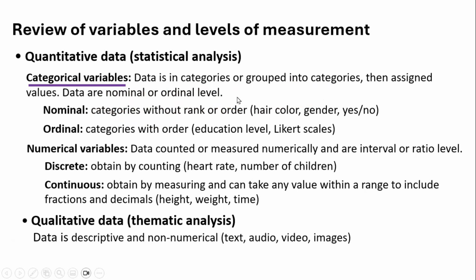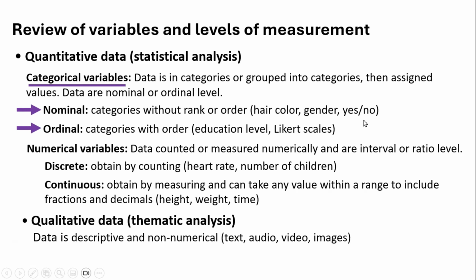Under the categorical, there are two main types. There's a nominal variable, where categories are without rank or order, such as hair color, gender, or a yes-no response.